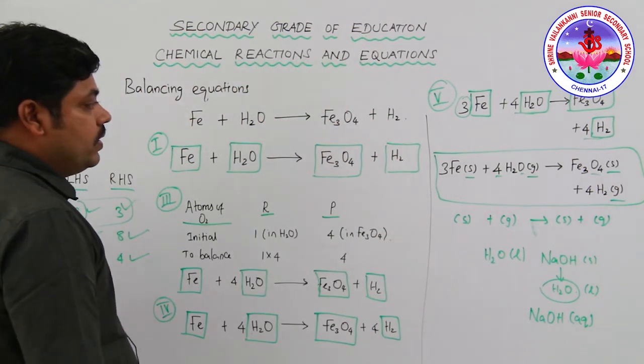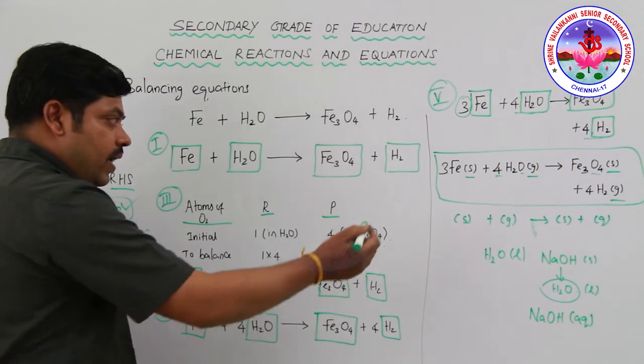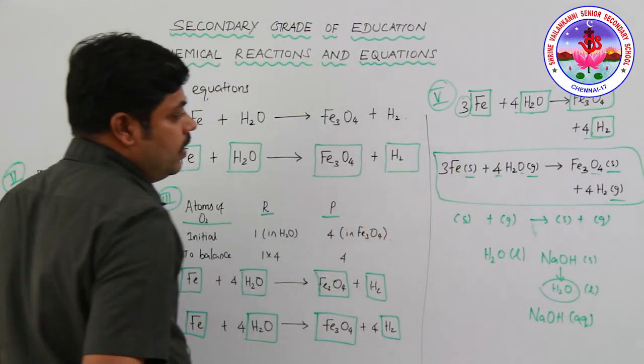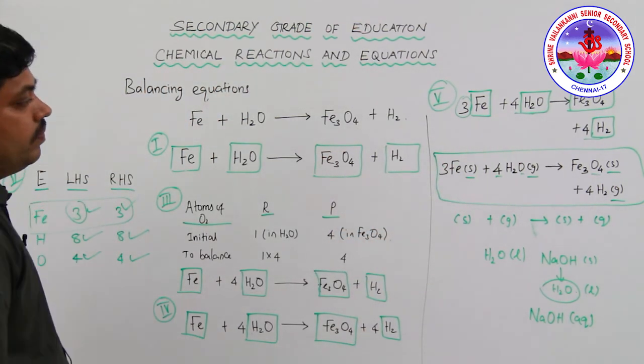Try out some examples; many examples are in the textbook. Just try them out and then you will get a clear picture. Thank you students. Hi students, today you are seeing the activities. The activities we discussed: zinc reacts with dilute sulfuric acid, it converts to zinc sulfate and hydrogen gas. So that activity we also did.